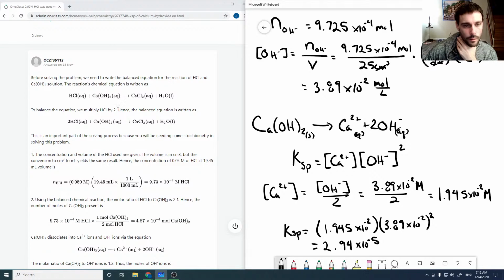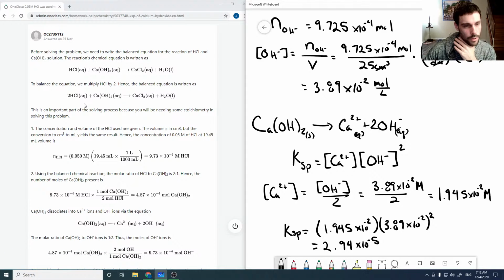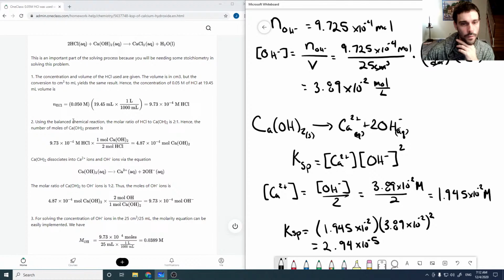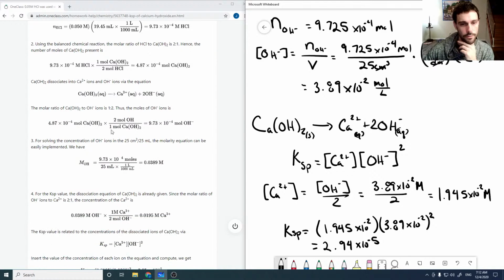So you can also write a balanced chemical equation for the whole thing, but HCl and calcium hydroxide do completely dissociate, but you can write it like this. If you do it this way though, as they've found, you calculate your number of moles of HCl, and then you would need to divide by 2 to get your number of moles of calcium hydroxide, but then you would need to multiply by 2 to get your number of moles of OH minus.